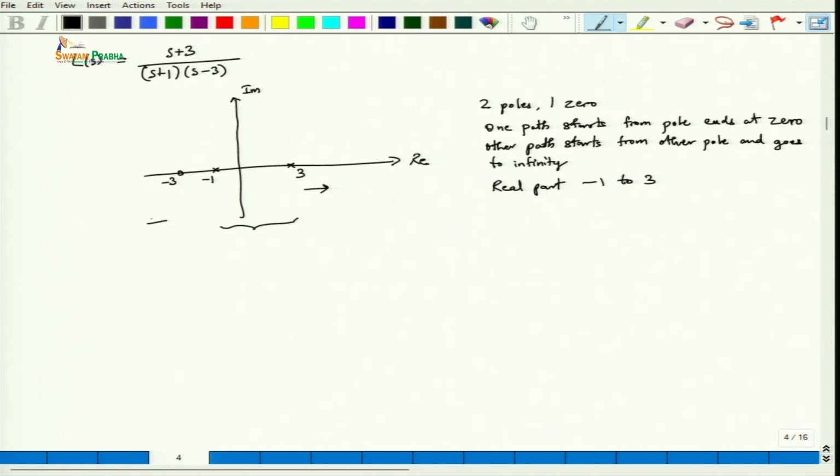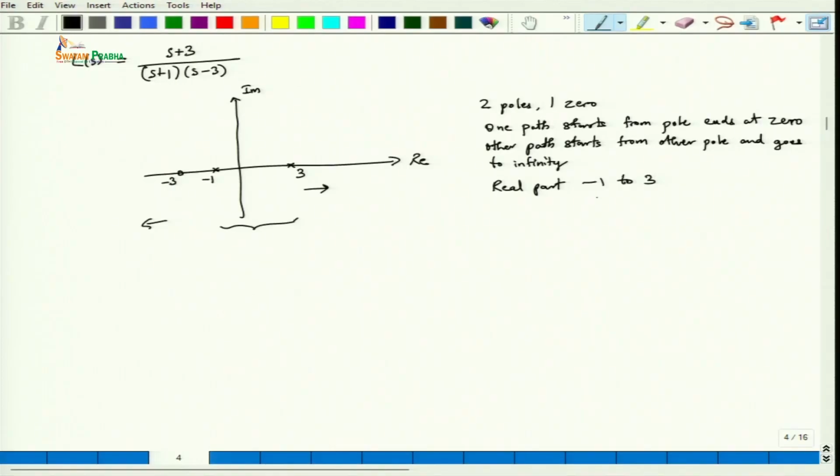Going beyond -3, there are an odd number of poles and zeros, so that will also be a part, going from negative infinity to -3. So this is also a part of this root loci.